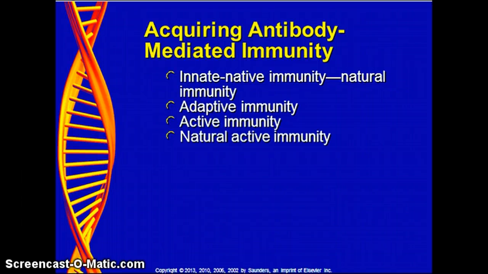And then the body will in turn build up immunity to that, but there is a natural way in which those triggers or antigens enter the body. And then this natural active immunity is the most effective and longest lasting type of immunity that we do have. And so chickenpox is really the best example that I can give you for that.